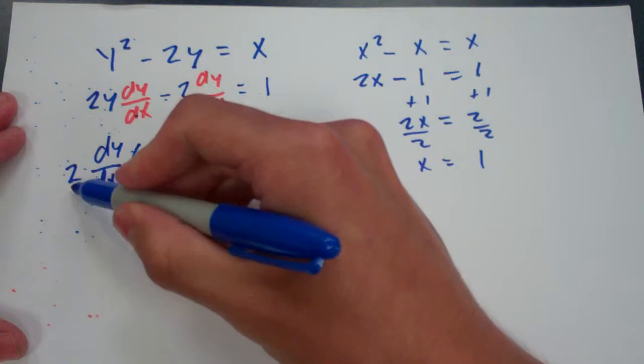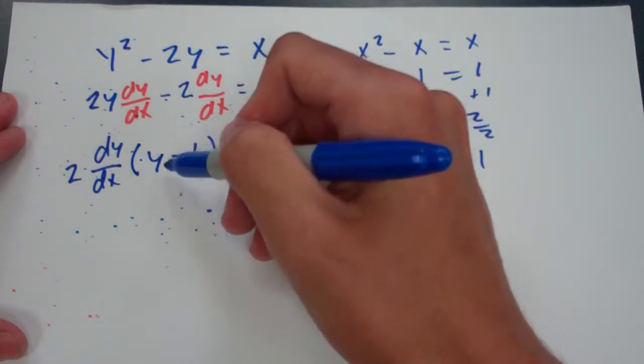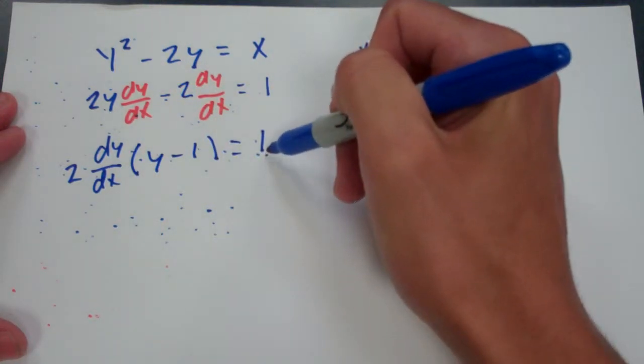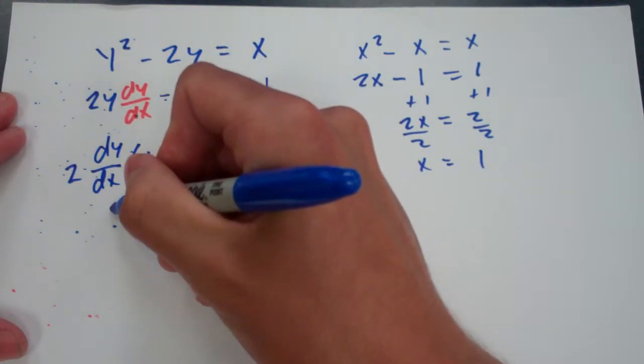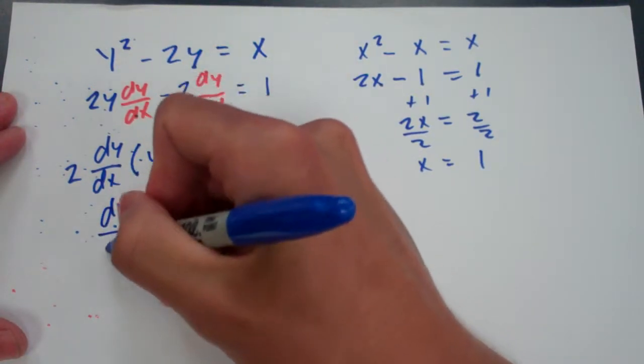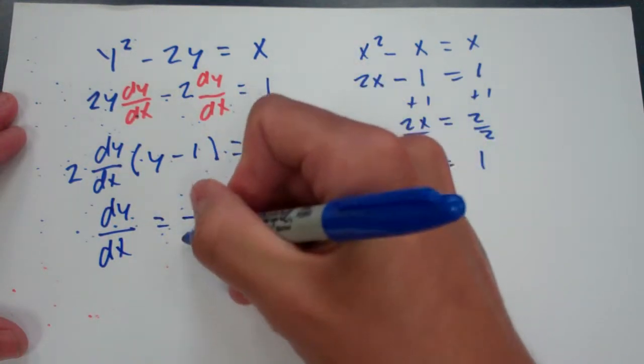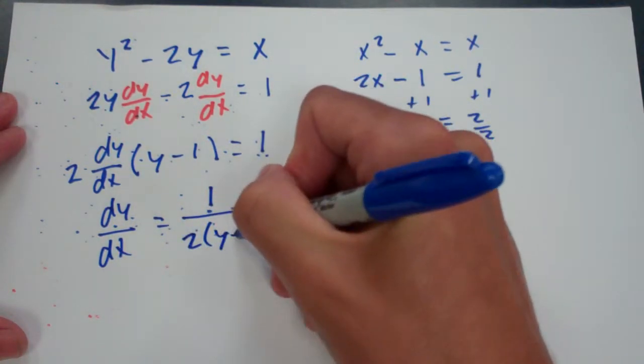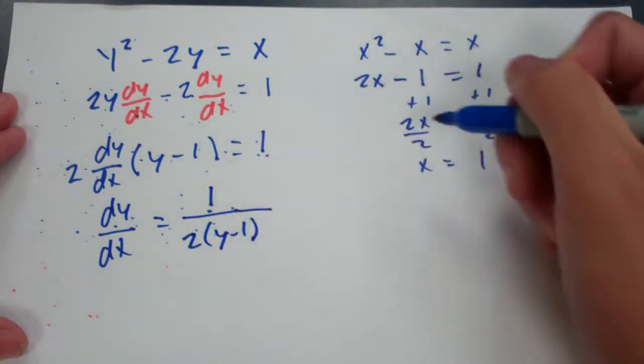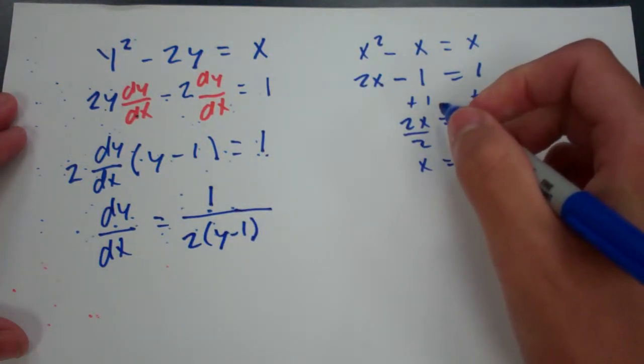Well, I can go further. I can factor out 2 times y minus 1 from this side, and I can do the same on this side. So if I do that, then I have dy dx is equal to 1 over 2y minus 1.